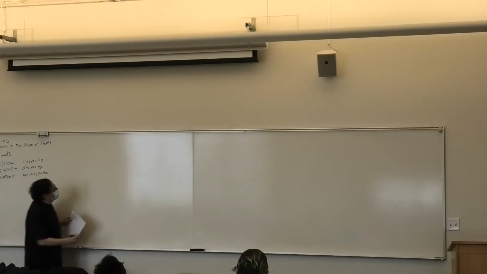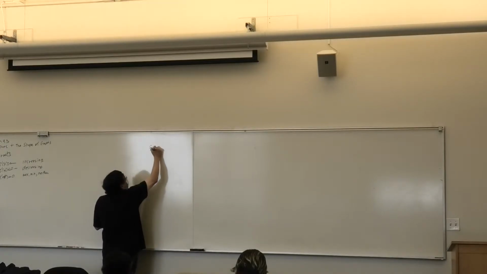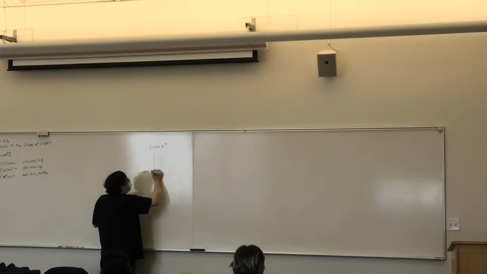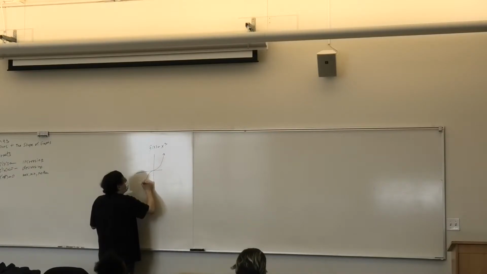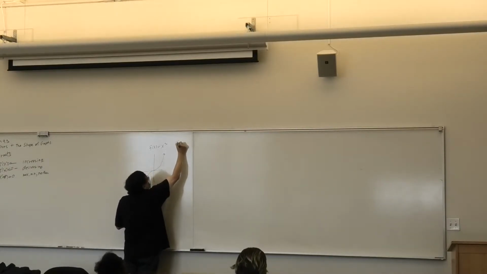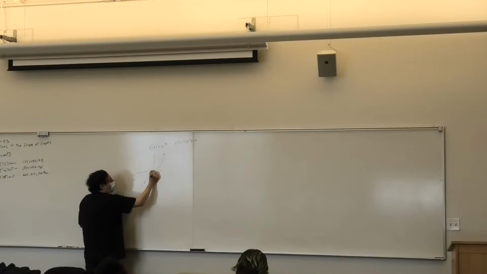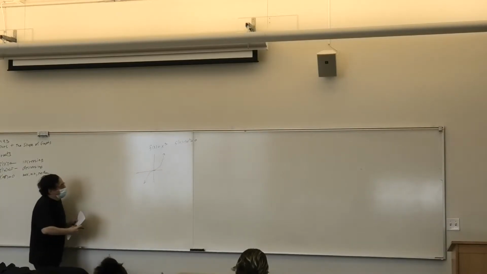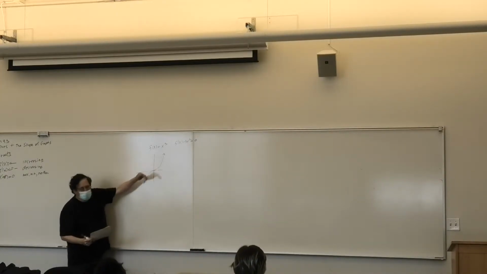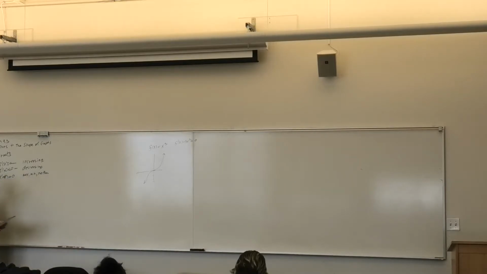Just a quick example. f of x equals x cubed. Kind of looks like this. Derivative is 3x squared, and that's 0 at 0. Well, we don't have a max or a min. We just have this point here we're going to talk about.